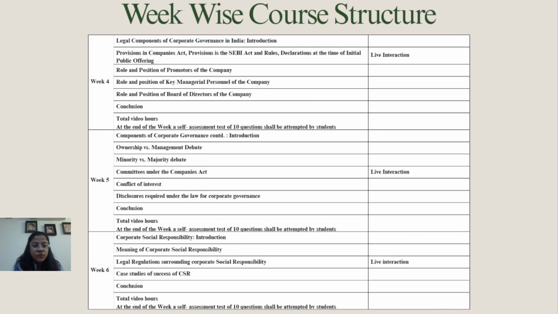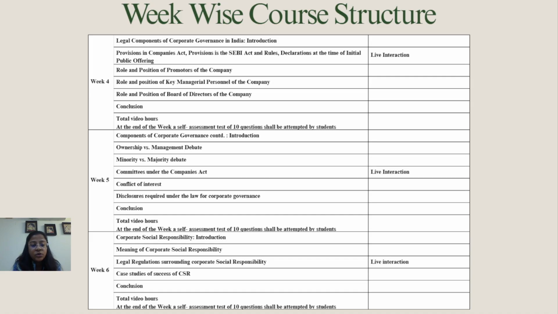Then in weeks 4 and 5, we are talking about corporate governance, various structures. In week 5, we will also be talking about the various debates like ownership management, minority majority debates, because these essentially help us understand how the decisions within the corporates are being taken, and therefore conflict of interest and disclosure requirements will also be looked at.